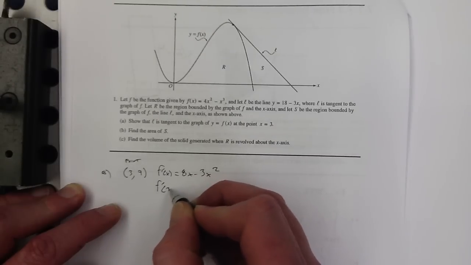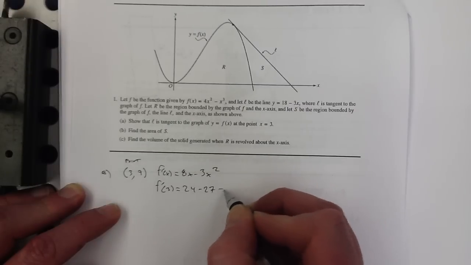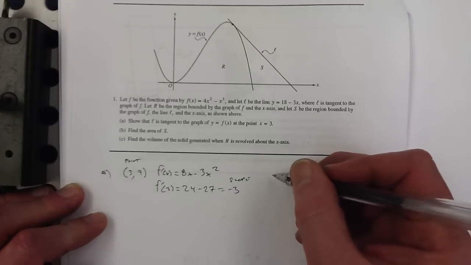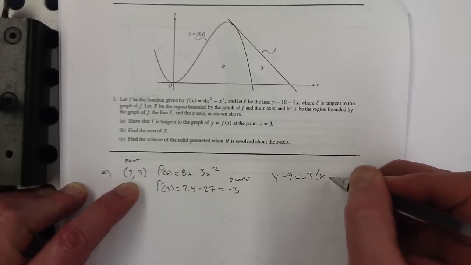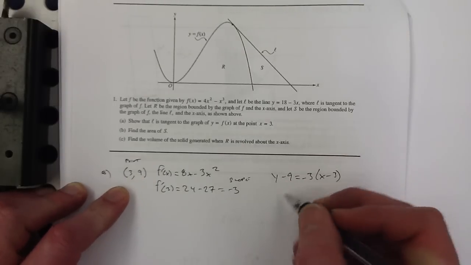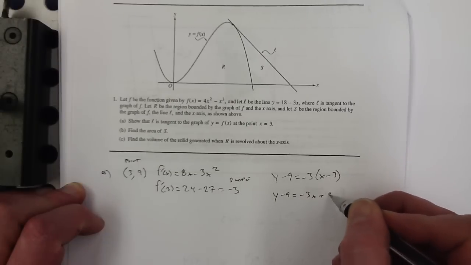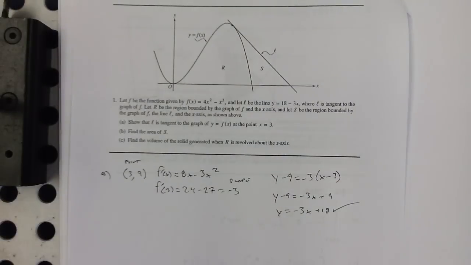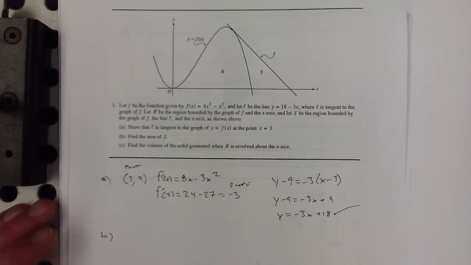So the derivative at 3 would be 24 minus 27, or negative 3. So that's my slope. So in point slope form, that's y minus 9 is equal to negative 3 times x minus 3. And simplifying that, minus 3x plus 9, that's y equals negative 3x plus 18. So, mission accomplished.